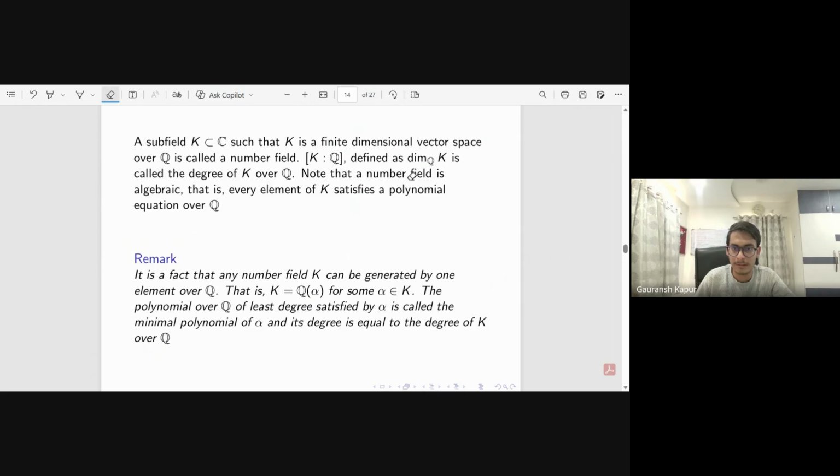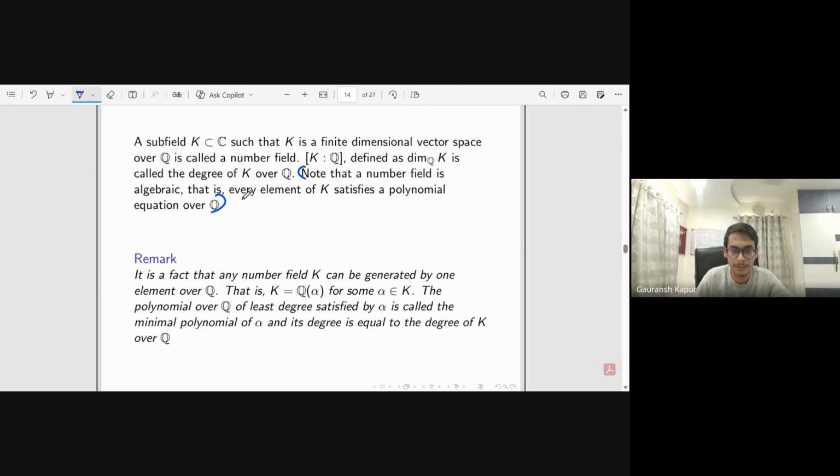This dimension, denoted by [K:Q], is called the degree of K over Q. Now here is a little exercise: a number field is algebraic, which means that every element of a number field satisfies some polynomial equation over Q.